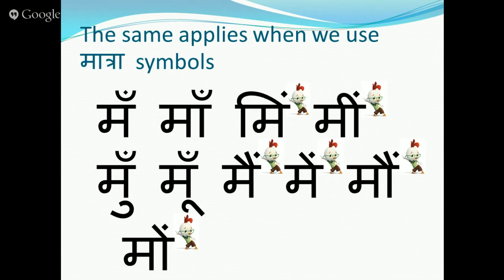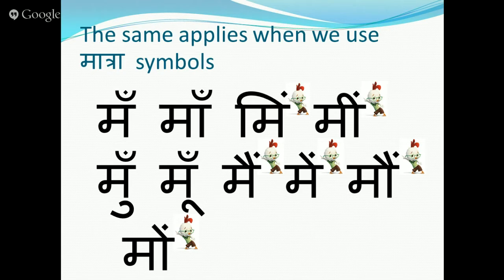The same applies whenever we use matra symbols. If you notice, all the ones that have nothing above the top line, we use the full chandrabindu, the moon and the dot. However, if anything at all from the matra comes above the top line, we have to use the dot.